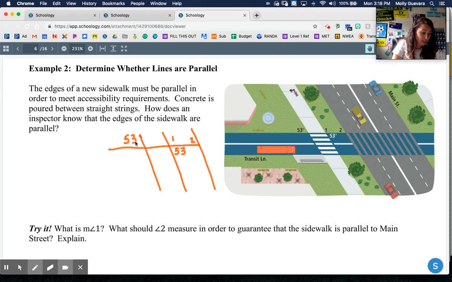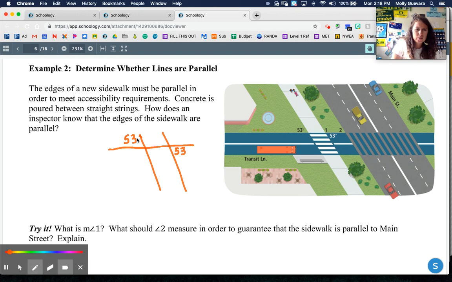Well, if I look here, I have alternate exterior angles. So even if I just take off all of this right here and just look here, I have alternate exterior angles. So 53 is on the outside, 53 is on the outside, and they're on opposite sides of the parallel lines. So how does the inspector know that the sidewalks are parallel?